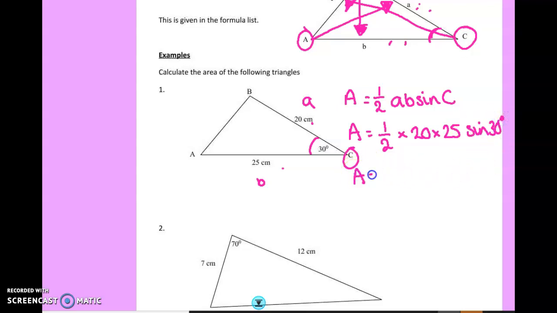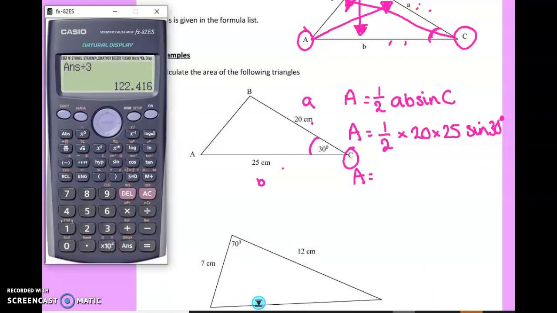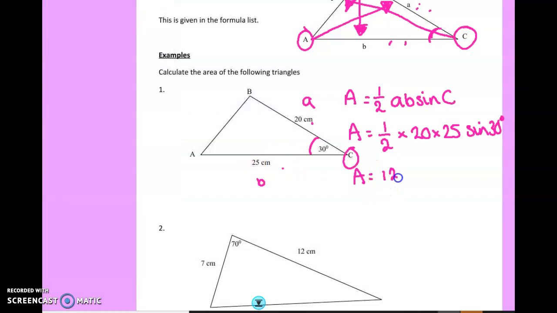From here, we'll just type it straight into our calculator. A half times 20 times 25 sine 30, which is 125. Now it's an area we've calculated, so it's 125 centimetres squared.